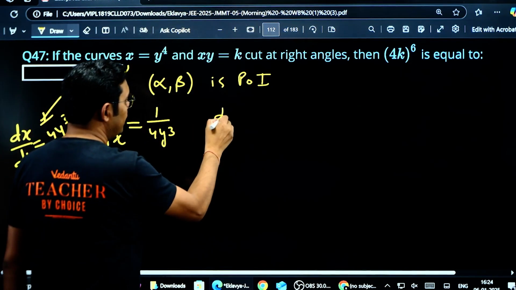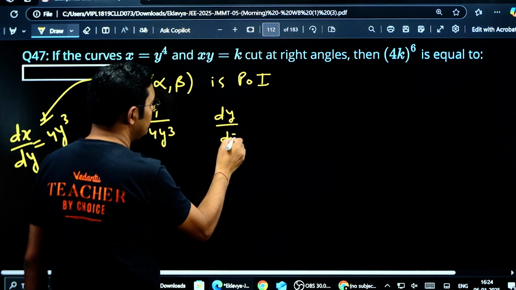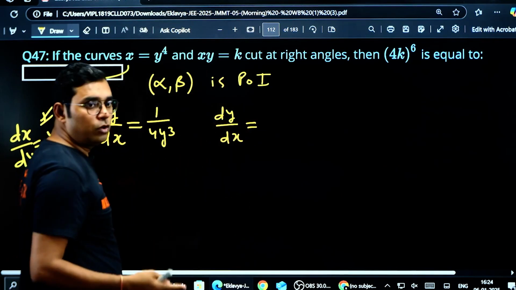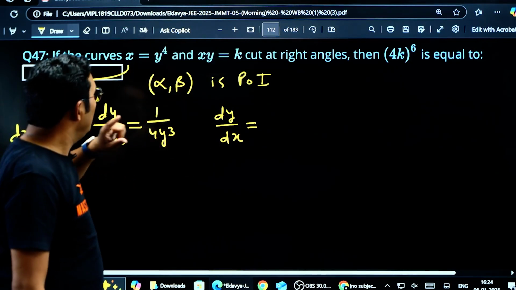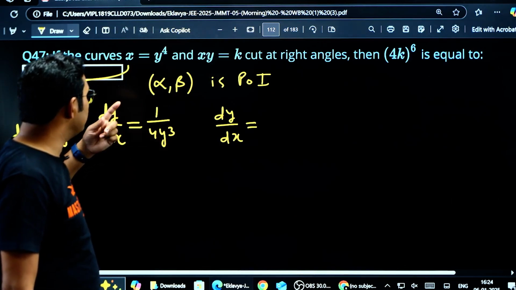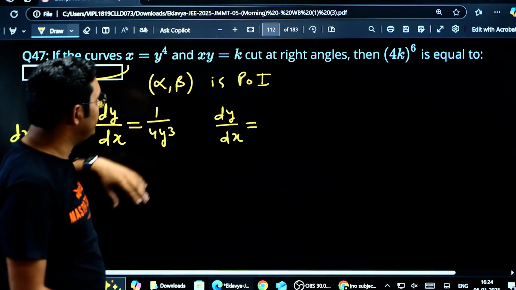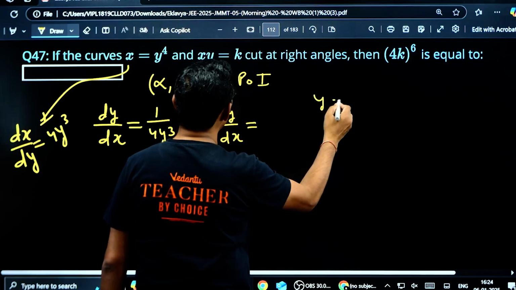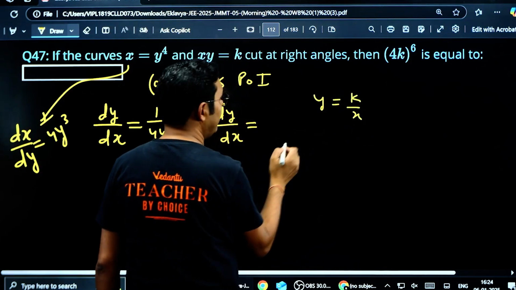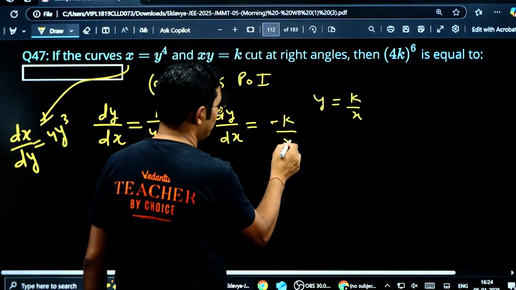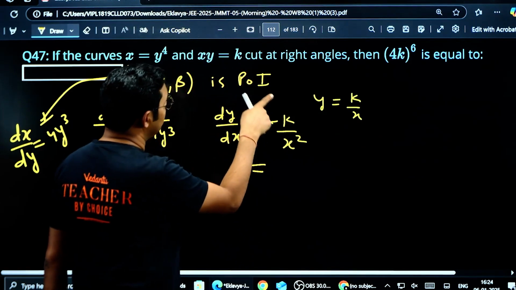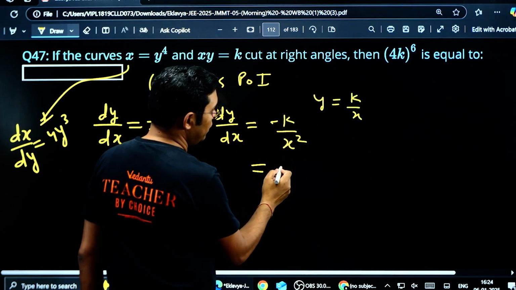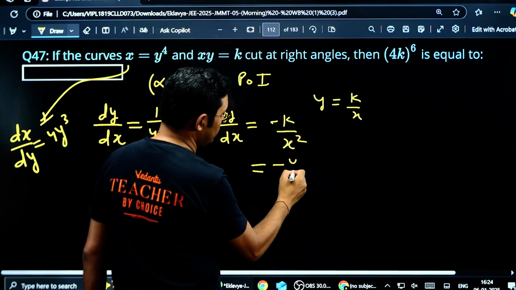For the second curve, dy upon dx, if you do, I think I can write y is equal to k upon x. So dy upon dx will be equal to minus k upon x square. In terms of y, because xy is equal to k, x is equal to k upon y, so I think it will be minus y square upon k.